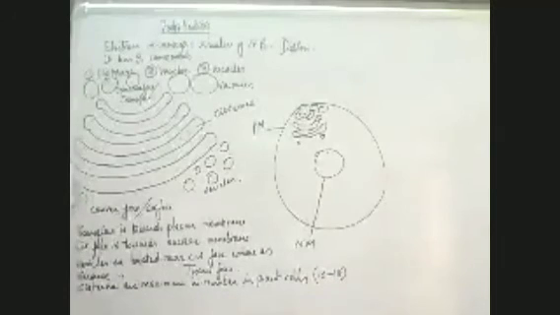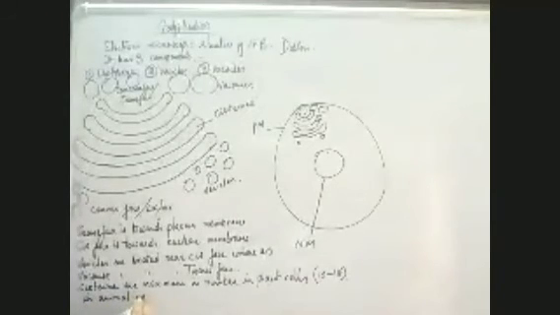In animals, they are fewer than that. In animal cells, they are about 5 to 8.